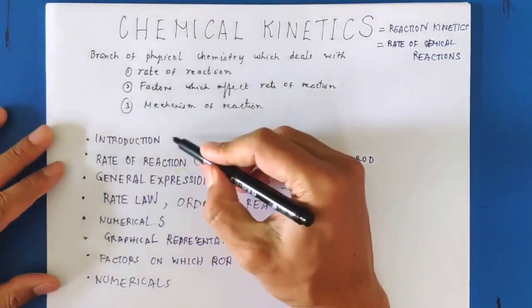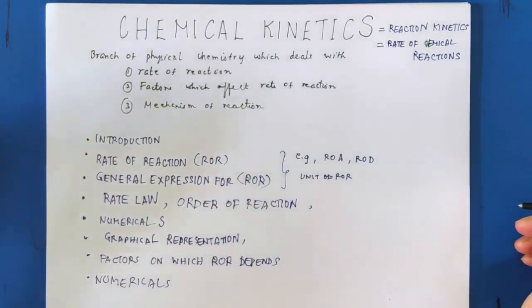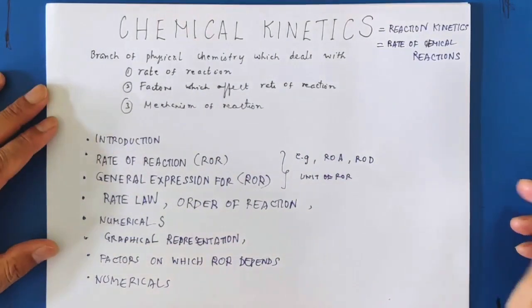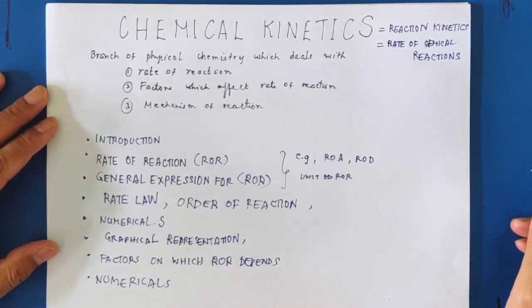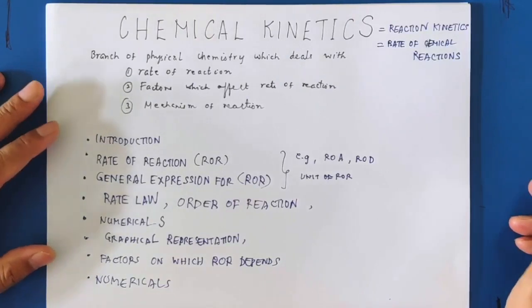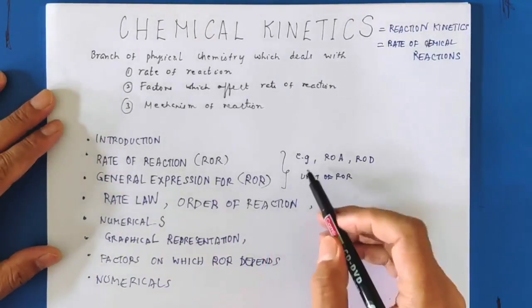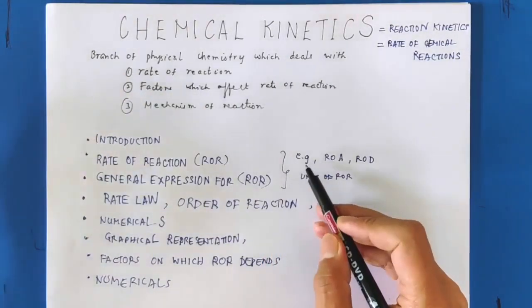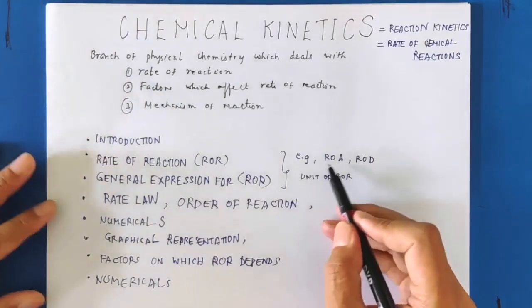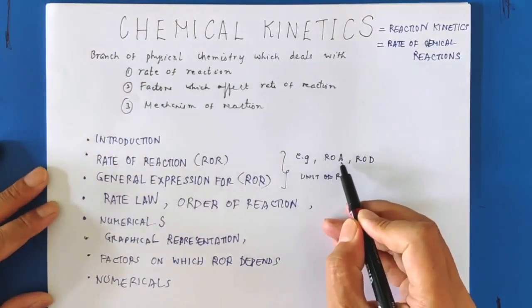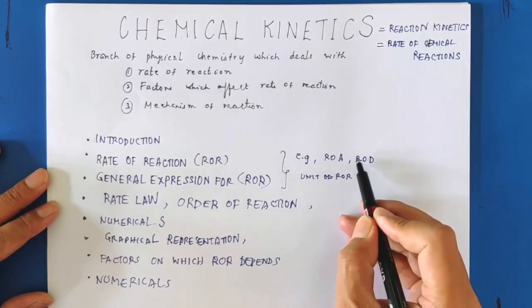Then we will study how to calculate the rate of reactions, and the general expressions for the rate of reactions. For reactants, you will understand the rate of disappearance.